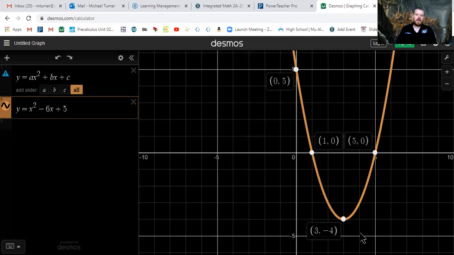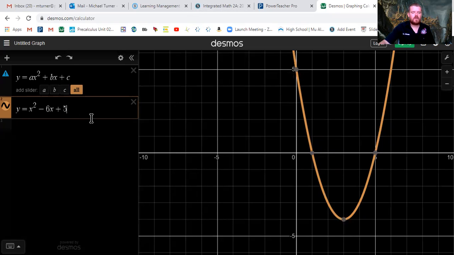So the question then becomes, well, how do I identify those key features? We talked about this in 3.1, right, where if it's in standard form, we already have the y-intercept, whatever that value is by itself without a variable. That's your y-intercept. So that's one point that can help me sketch this graph.